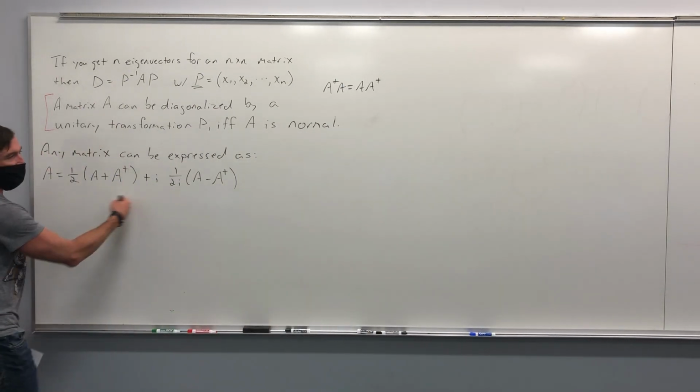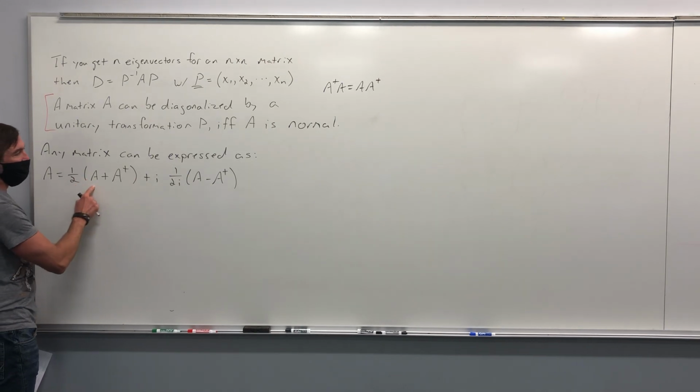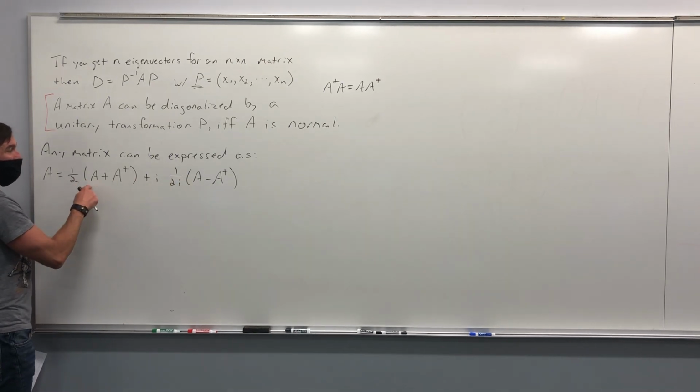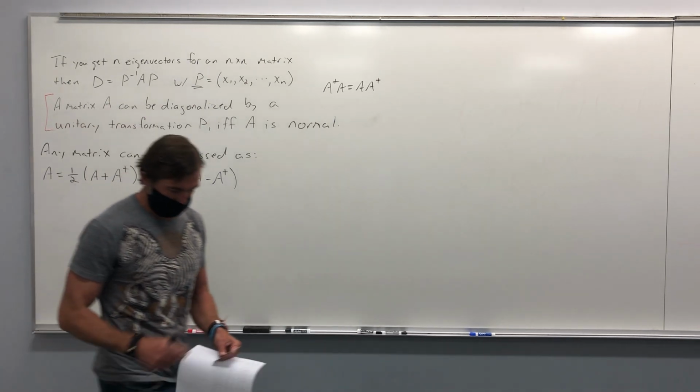This, I hope, is obvious. At the end of the day, the i's cancel, so this is 1/2 A plus 1/2 A, which is A. 1/2 A dagger minus 1/2 A dagger, which is 0. So yeah, this is A.